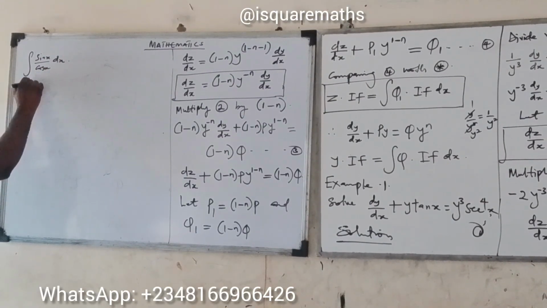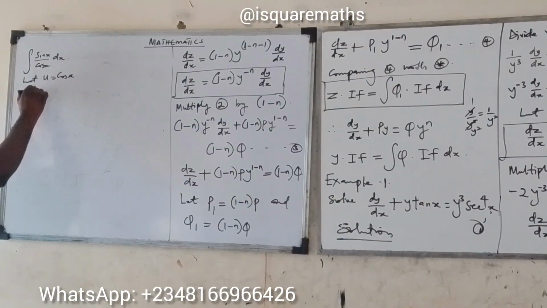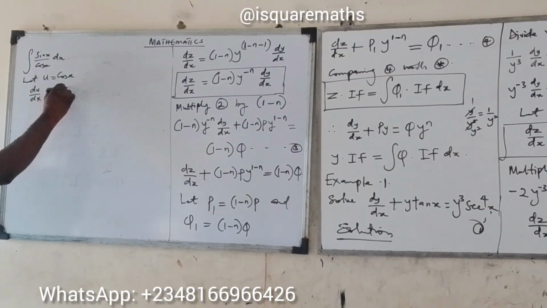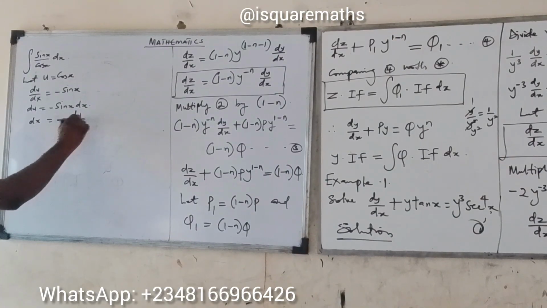Now at this point, let u be equal to cos x, so that du/dx will be equal to minus sine x. du will be equal to minus sine x dx, and dx will be equal to du all over minus sine x.